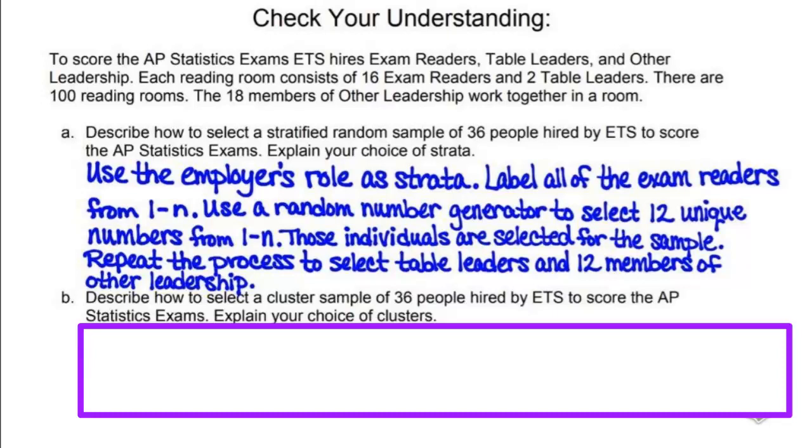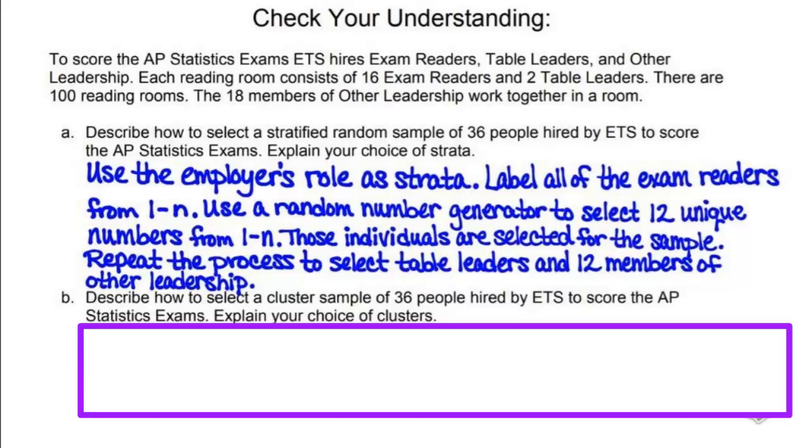How would I then take the 18 people that are in each of those different rooms, using my rooms as clusters, and get a sample of 36? How many rooms would I need to randomly select to get 36? There's 18 people in a room.